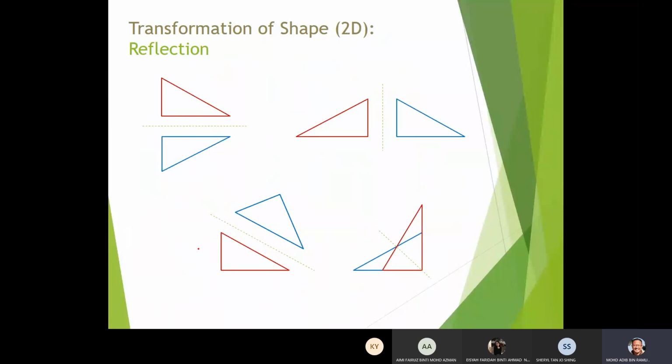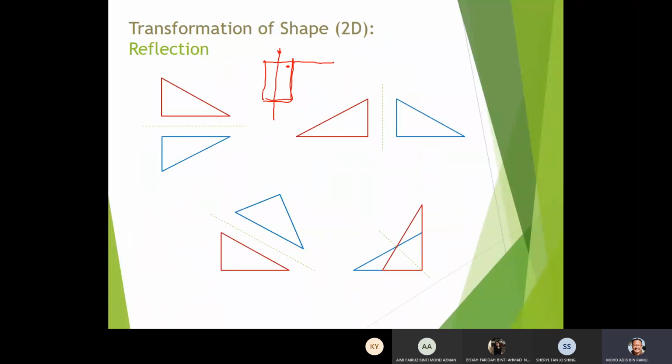Reflection. Okay, if the rule is about reflection, then okay. So earlier I mentioned if this is the rectangle, originally it's like this, and then you apply the rule. When you apply the rule, you cannot apply it in mirror image.